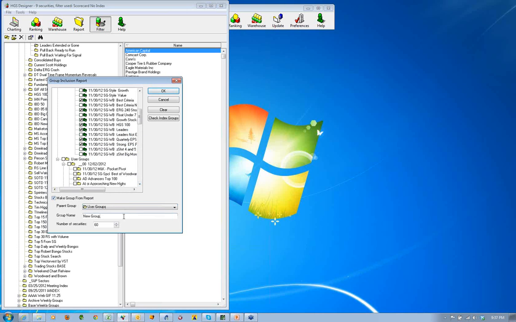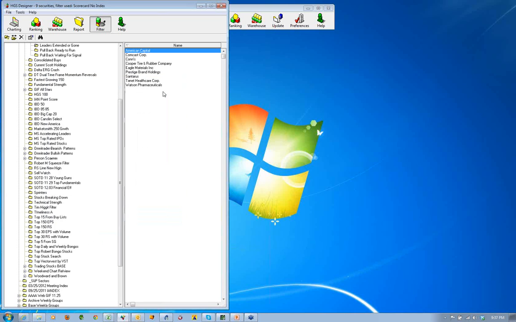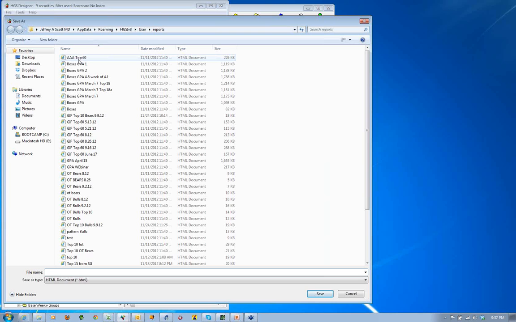We're going to make a group from list. We're going to call it AAA Web Gem 12.2.12. I want to look at the top 8 stocks. So these are the stocks that made it to the most groups. I'm going to hit OK. I'm going to just hit anything here.